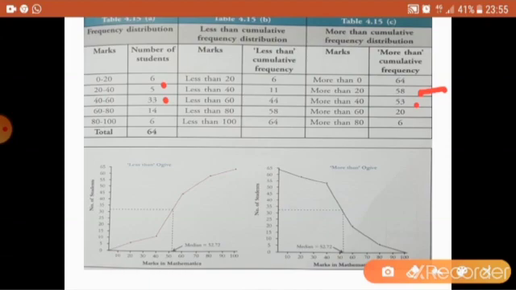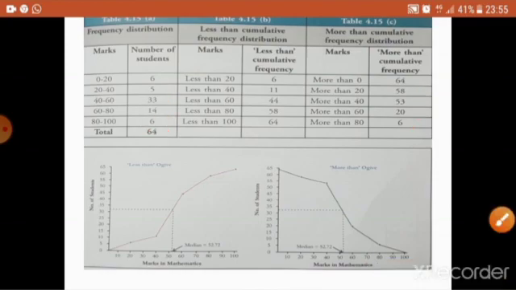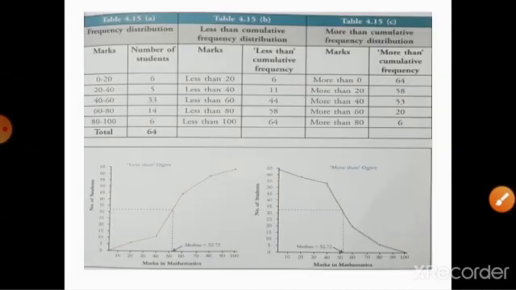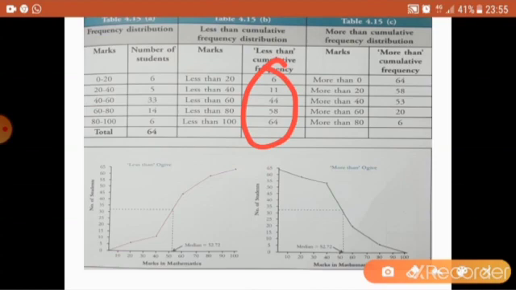From the 53 if you subtract 33 we get 20. From the 20 if you subtract 14 we get 6. So the values will be the same. In simple terms, it is the opposite side of the less than frequency curve.